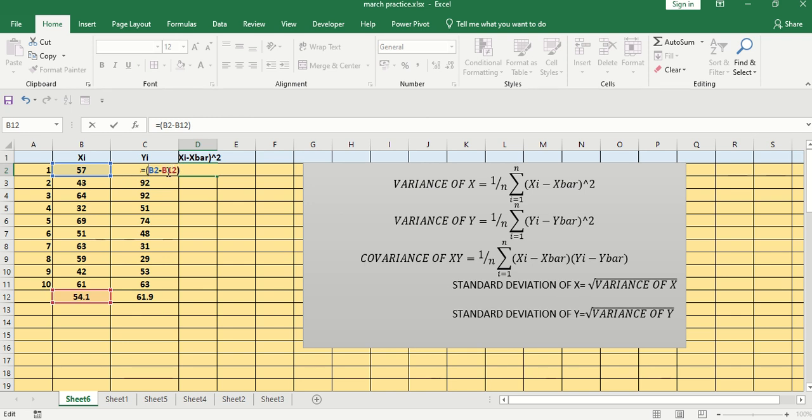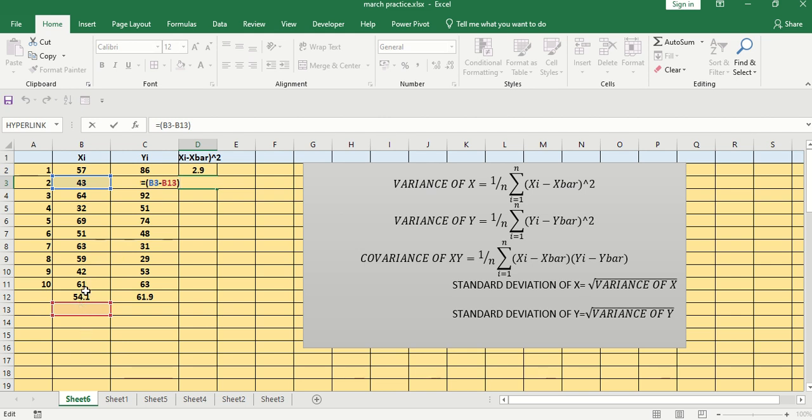After closing the bracket, what you are going to do is to fix the mean. Because when you click enter, it has calculated the xi minus x bar. But the moment we want to drag it to repeat the formula, it will calculate the second value of xi, and it has moved to the cell downward.